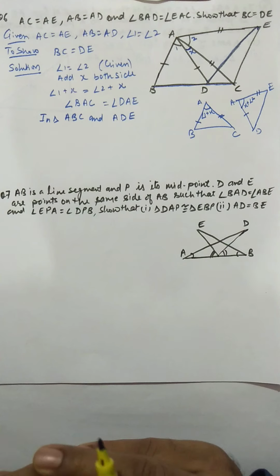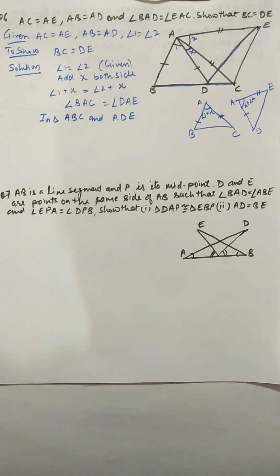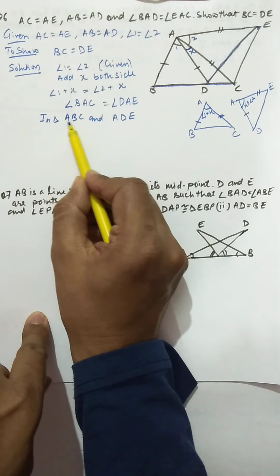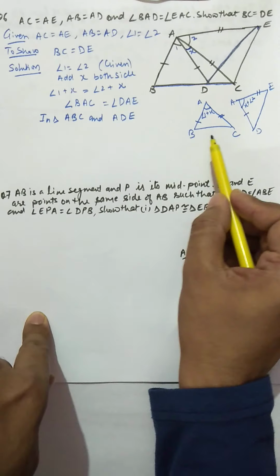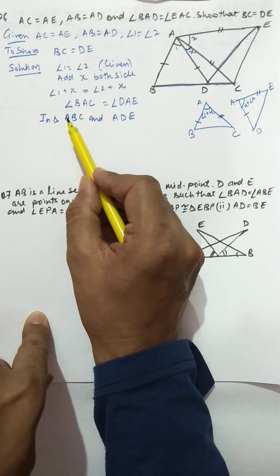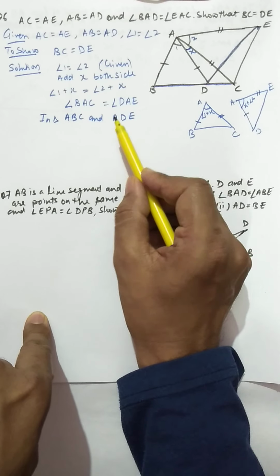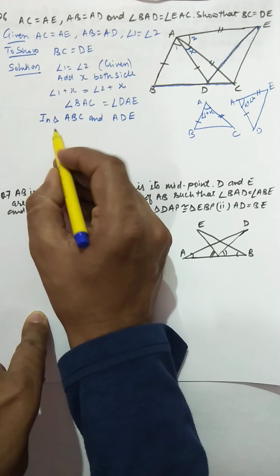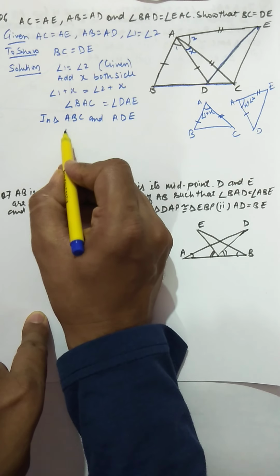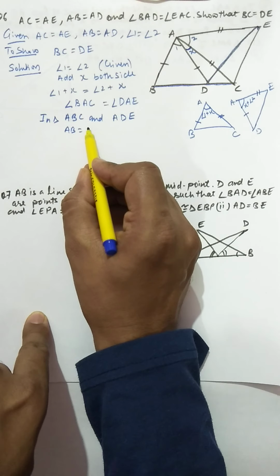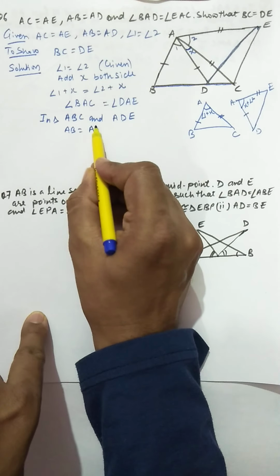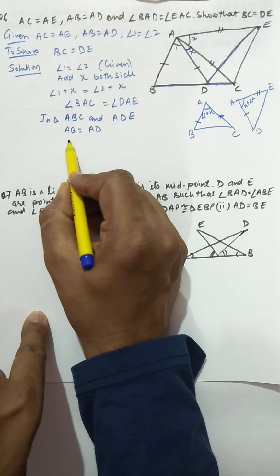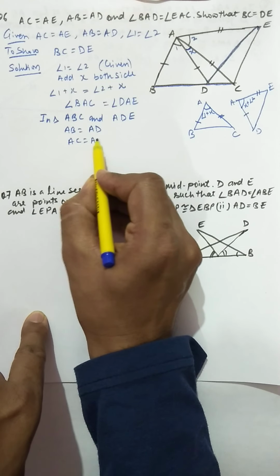That corresponding part is very important. You can see here the first two sides, AB is equal to AD, and AC, the first and third, and AE, first and third, are also equal, given. So we can now start from here that AB is equal to AD and AC is equal to AE.